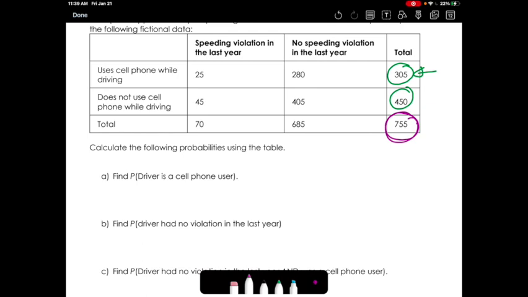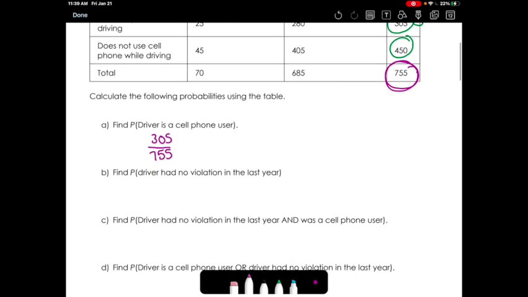We're just looking for the total number of people that were caught using a cell phone while driving, and then we will take that out of the total in the whole entire group. So that would be 305 out of 755. And of course, if you want to find the decimal approximation, you can divide it on your calculator, but I'm just going to write it down as a fraction for right now.